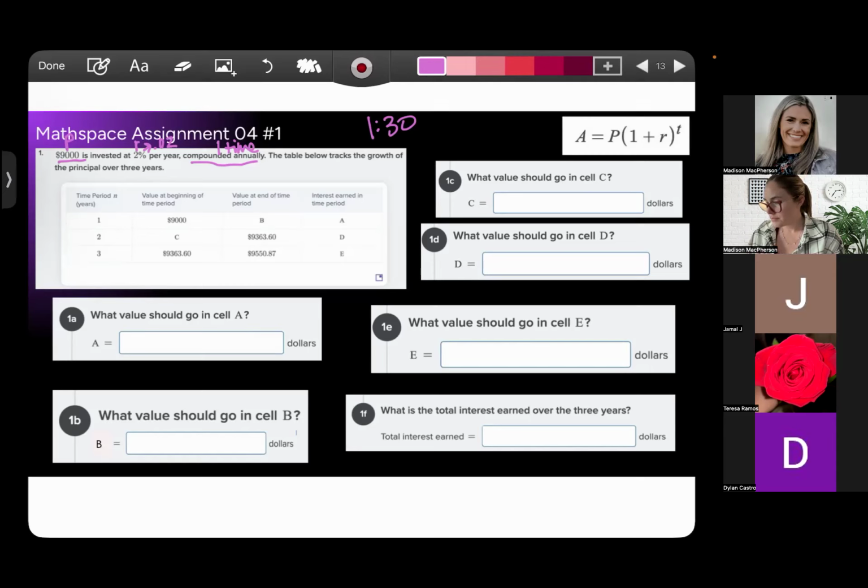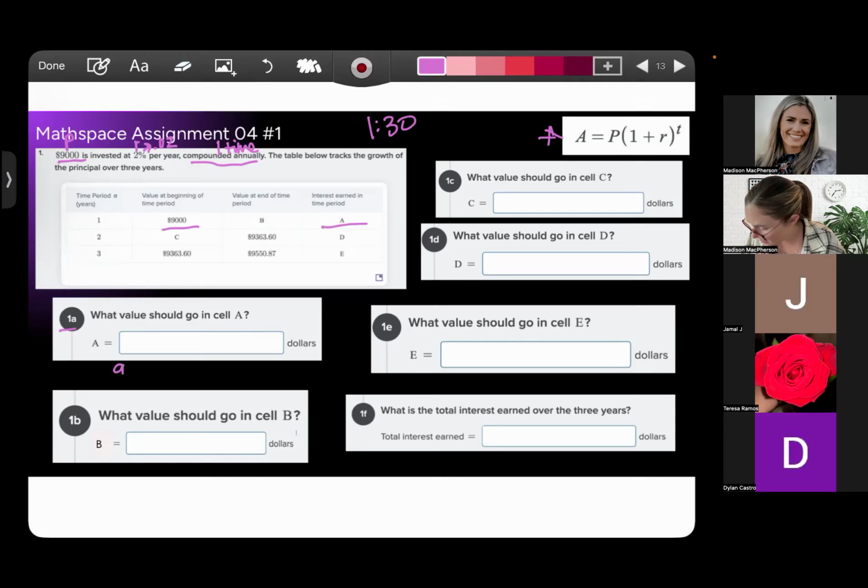1A says what value should go in cell A? So we want to know at the end, so we start with $9,000. We want to know what's the interest earned in 1 year. So we're going to take our formula, which I have up here, and plug in everything we know. Well, actually, to keep it simple, all we need to really do is figure out what's 2% of that 9,000.